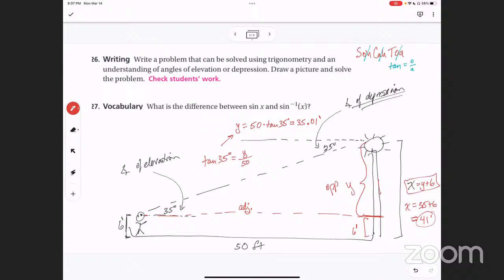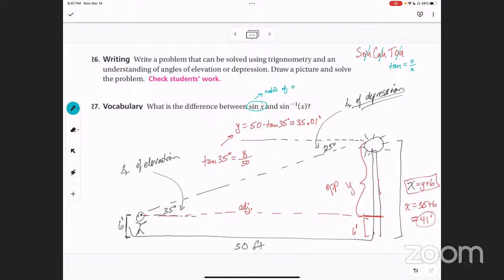Okay, so vocabulary. What's the difference between sine of x and sine inverse of x? Well, sine of x is a ratio. Sine of x is a ratio of side lengths.